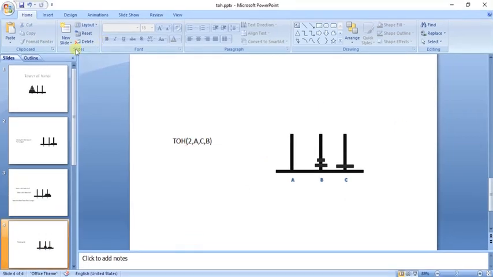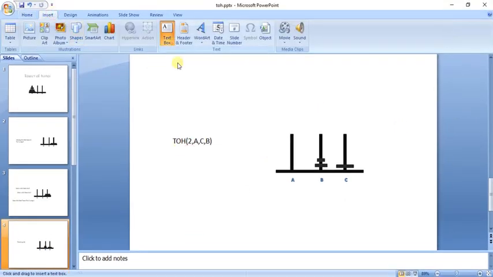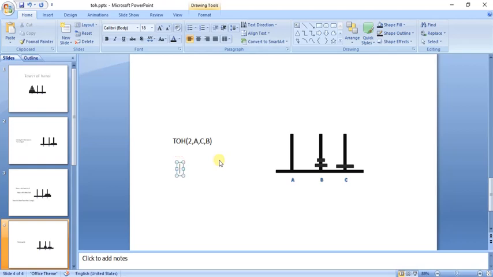So again we can write it like this here: moving a disk from A to C using B. We have already done that.